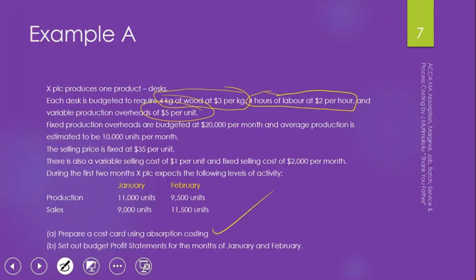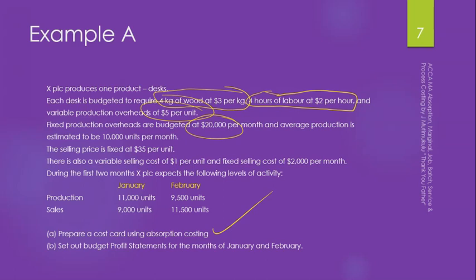All right, and then you go to the fixed overhead. The fixed production overheads are $20,000 per month, and average production is estimated at 10,000 units. So remember, we are working on a per unit basis. So obviously, we are not going to slot the whole 20,000 into our cost card because we are dealing with per unit values.